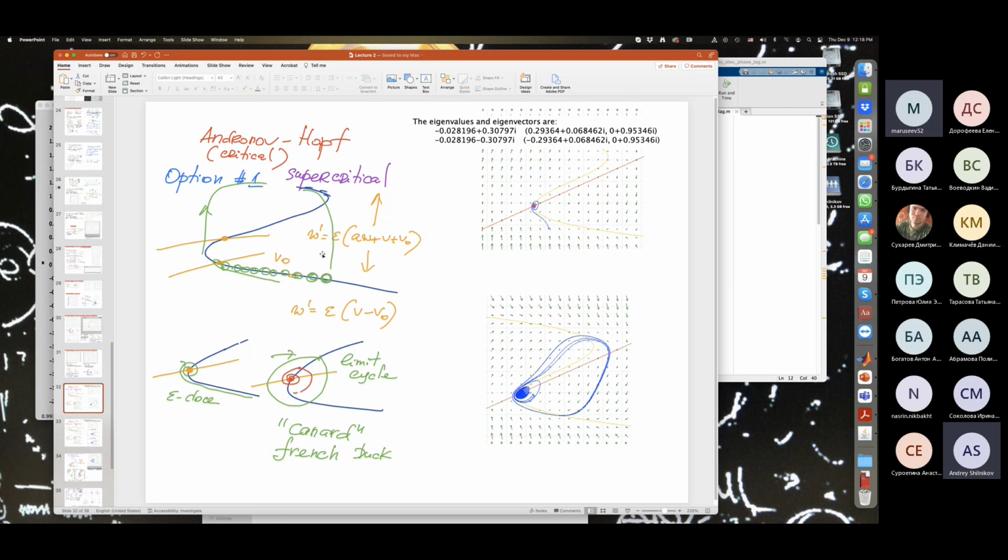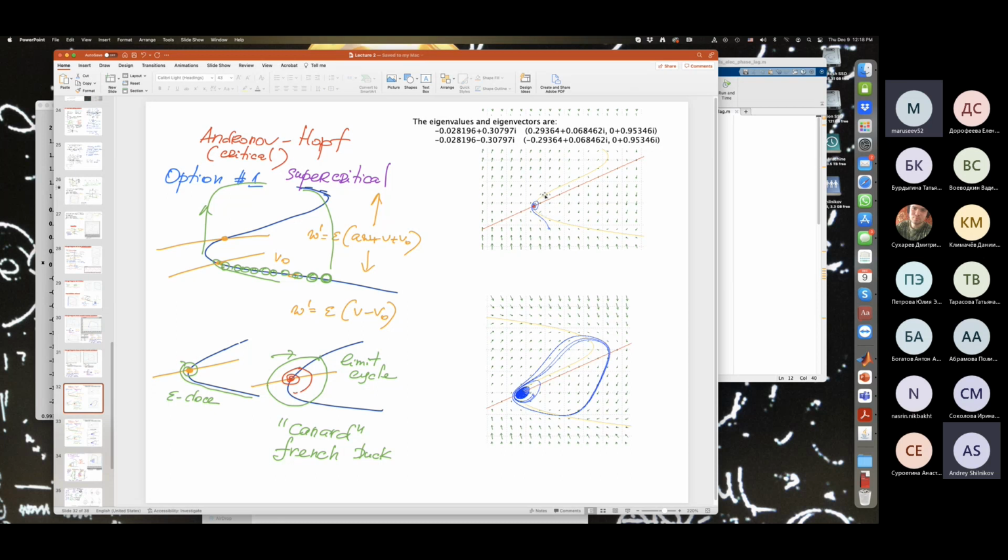Okay, so then the question is, what kind of Andronov bifurcation is it? Because there are two options. Option number one is called supercritical Andronov bifurcation. In a supercritical case, what you should see, as we saw, is a stable limit cycle that slowly emerges from the now unstable equilibrium state and increases in size.